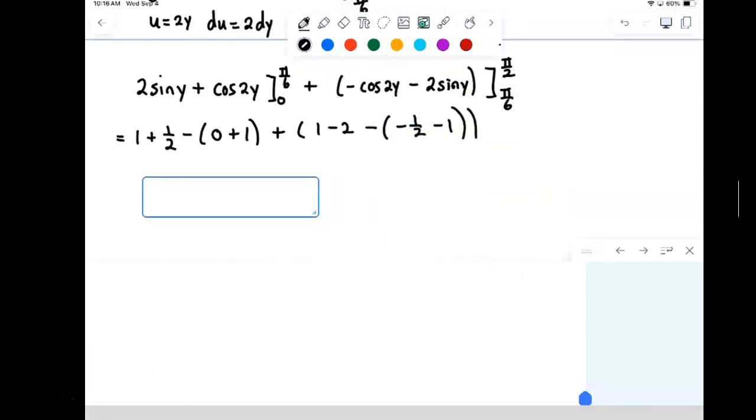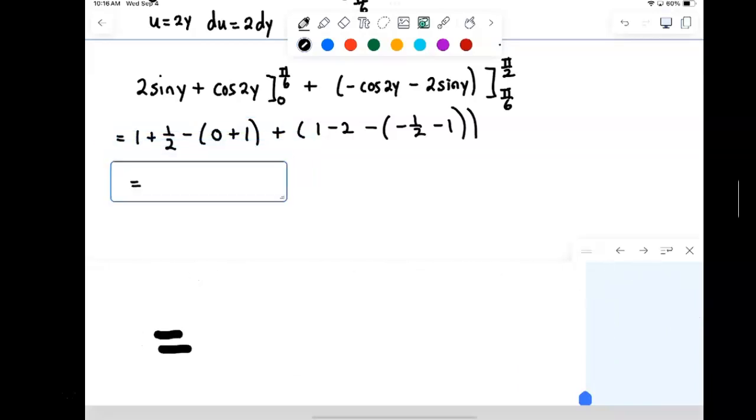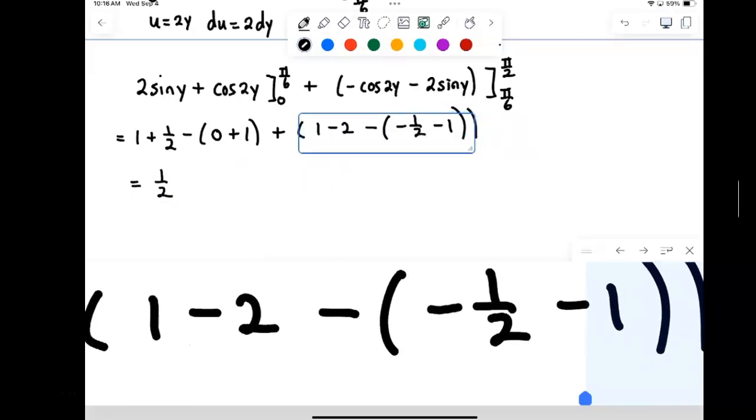And then we just have to go through and simplify our arithmetic here. So I'm going to have 1 plus 1/2 minus 1. That'll just be 1/2. When I go into the second one here, I'm going to have 1 minus 2, which will be minus 1. But then the minus distributes to the minus 1, makes that plus 1.